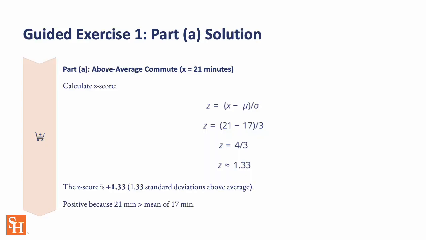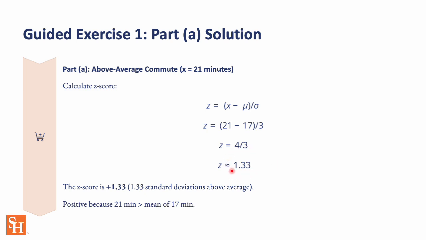We have already discussed how we can calculate the Z score from the raw data, so we basically used this formula earlier. For the commute time of 21 minutes, just by using this formula we can calculate the Z score. Here our x value was 21, the mean was 17, and the standard deviation was 3. Then this formula gives us 1.33. That means a 21-minute commute time is 1.33 standard deviations above the mean, right?